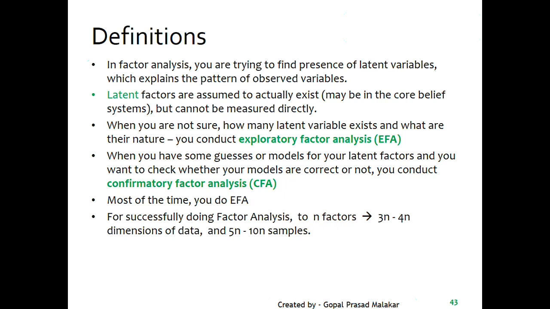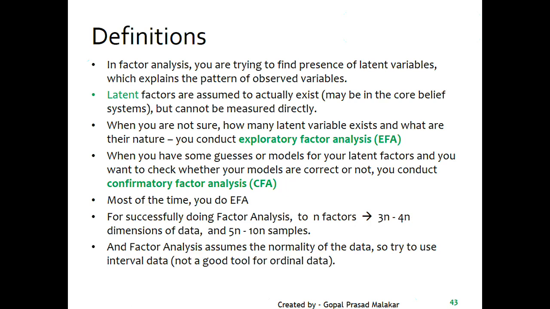For successfully doing factor analysis, if you are looking for say 3 factors, you should roughly look for at least 9 to 12 variables, 3 to 4n variables, and at least 5 to 10n data points. So for 3 variables you should look at least 15 to 30 data points.